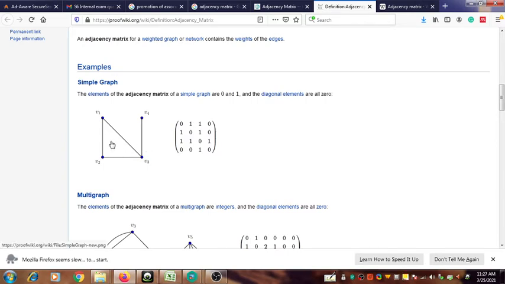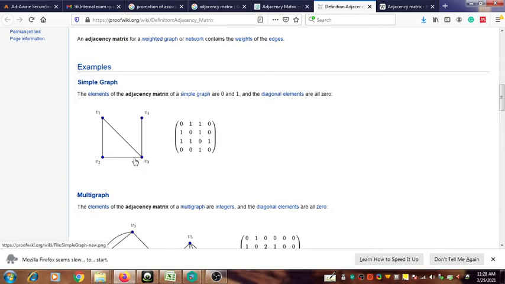In the same way, the same edge can be taken as an edge from v2 to v1. Therefore, the 2-1 entry, that is the second row first column entry, will also be 1. In the first row, the third entry can be determined by considering the number of edges that connect v1 to the vertex v3.